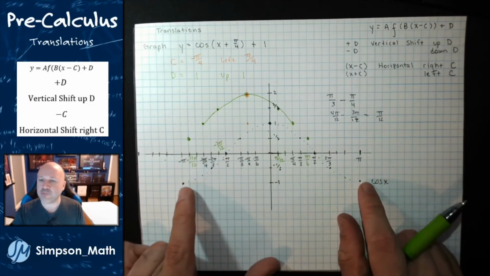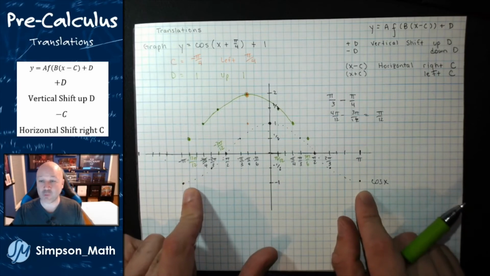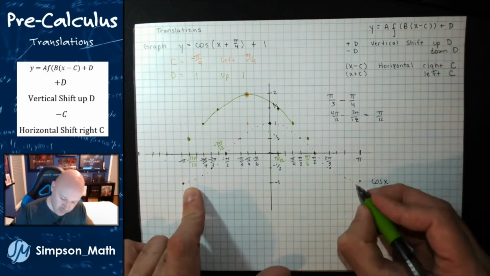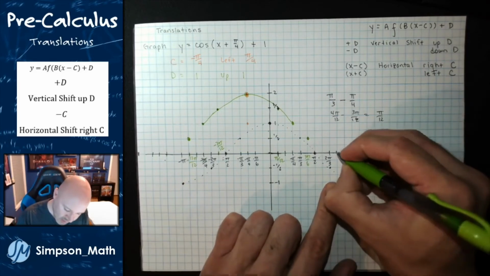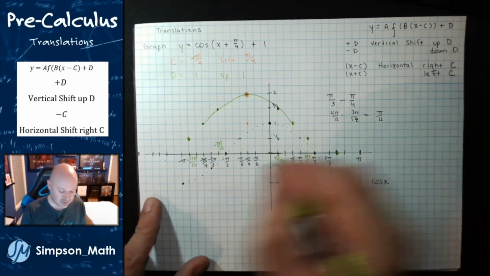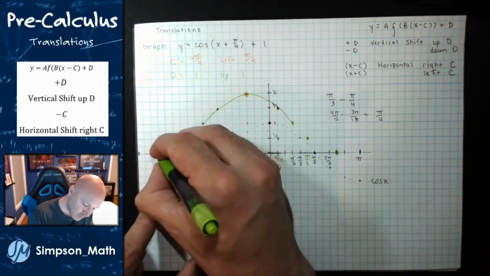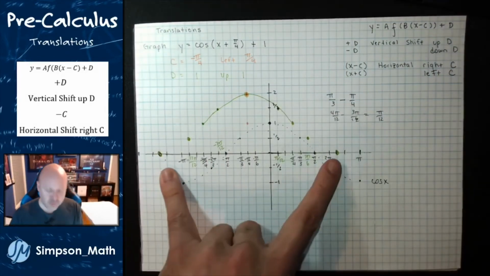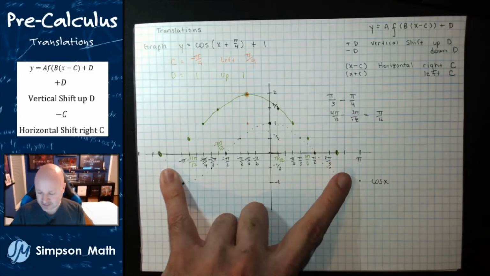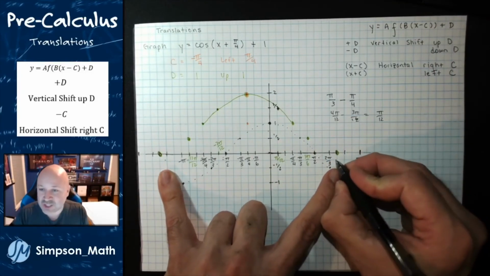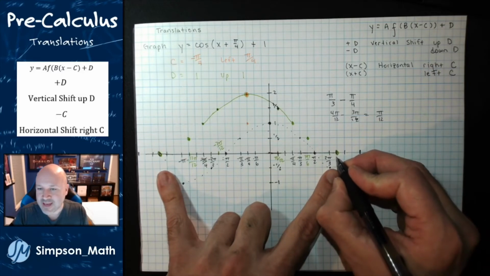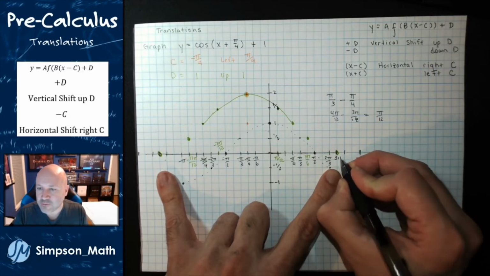Lastly, my pretty points at pi, neg pi, comma, neg 1. Shift those over. Those will now be my x-intercepts. Make sure those points are labeled on my x-axis. The right one's easy. It should have been labeled to begin with. That is 3 pi fourths.